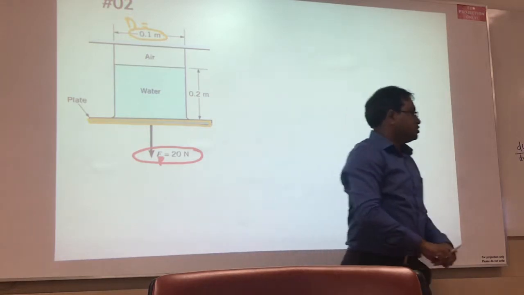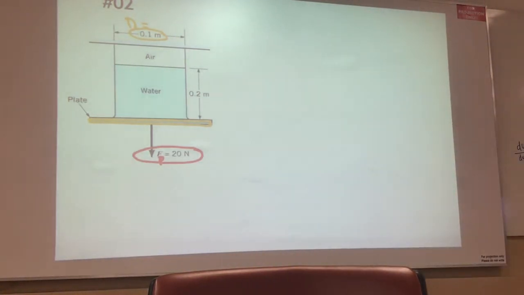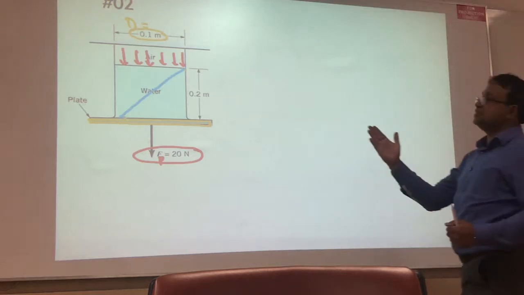So what can I write here? Here is air pressure, and water pressure acts as rho g h. How does it vary? At that point the water pressure is the lowest, and at that point it is the highest. Can I draw like this? Magnitude wise, it acts downward, not on the side of the wall.